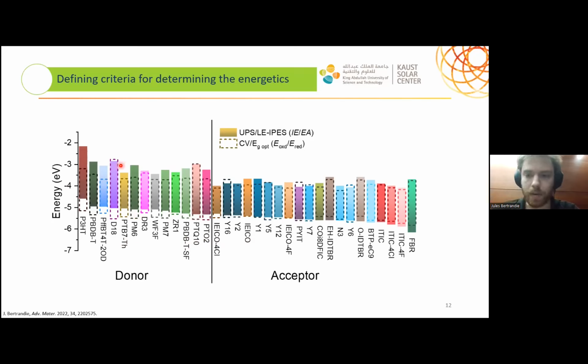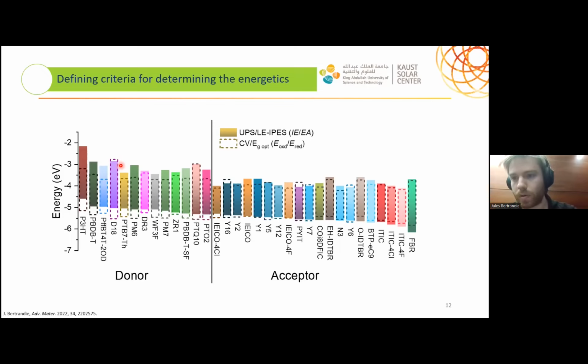So there are differences, and we need to figure out which one we should use to explain, for example, our device properties, and which one we should use in order to design new molecules.